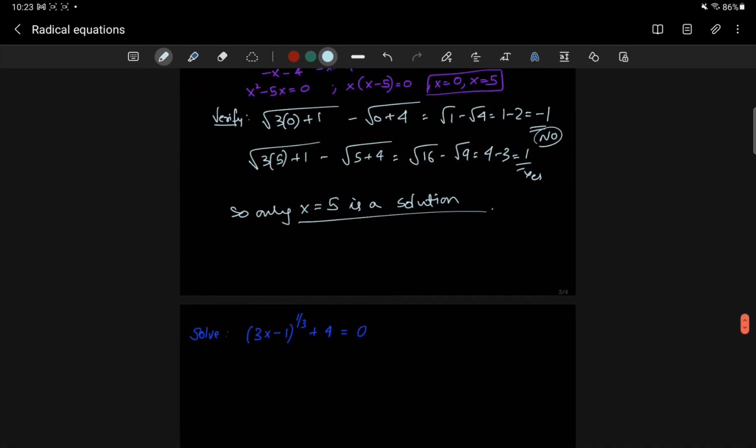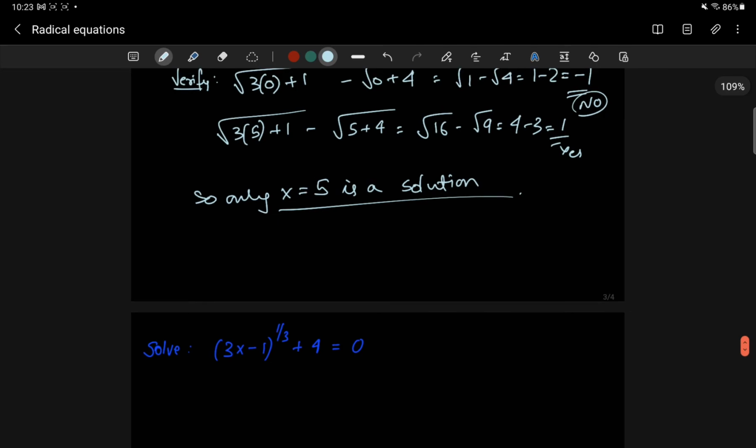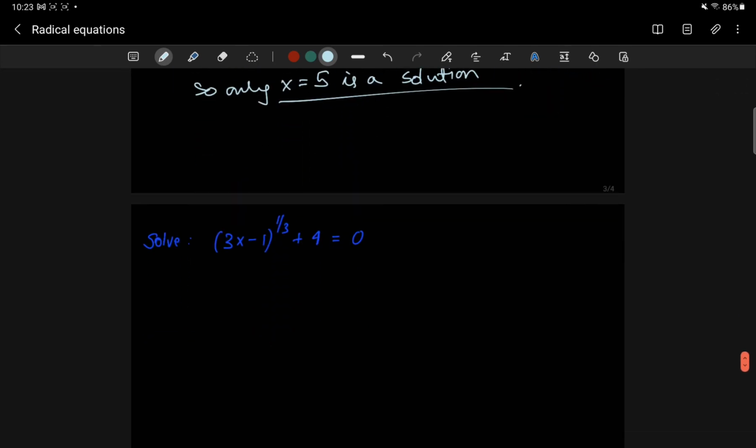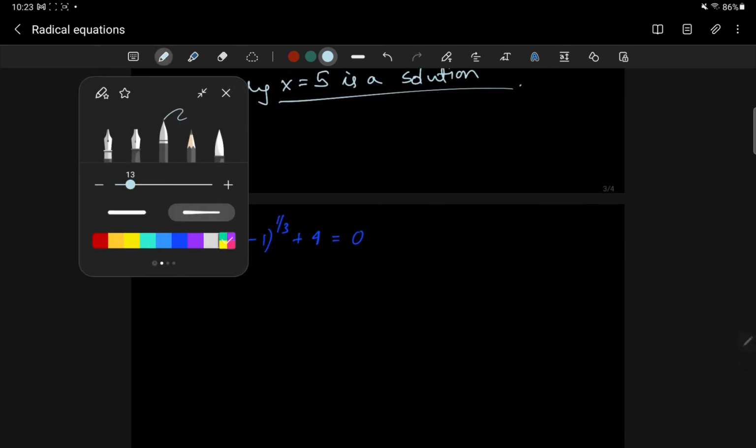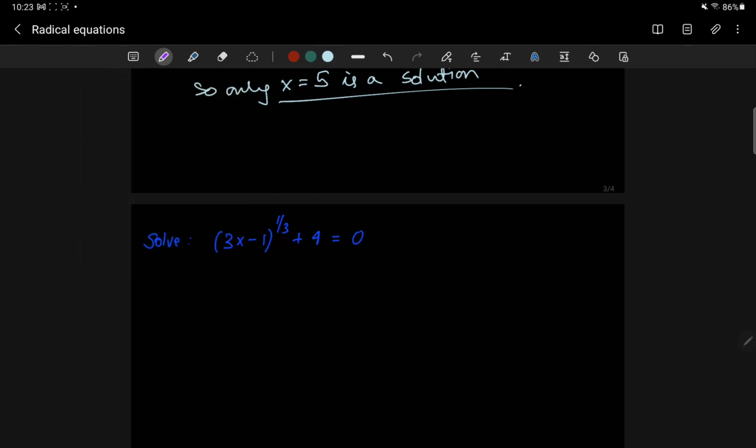One last example here. This doesn't fall into any of the types. The only reason it's different and I'm treating it differently is because here there's a cube root, which means that to solve this, you would have to take a cube. So cube both sides.